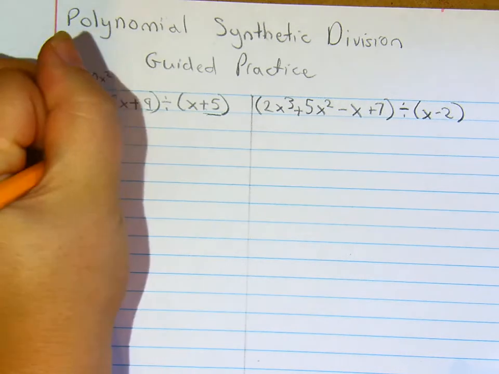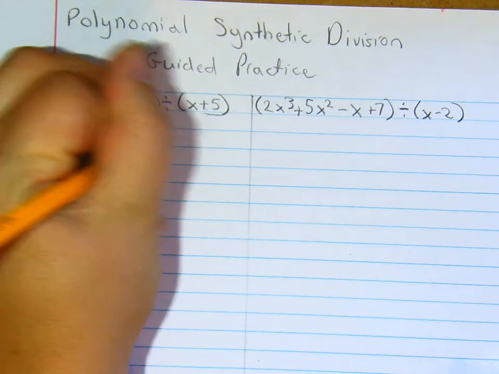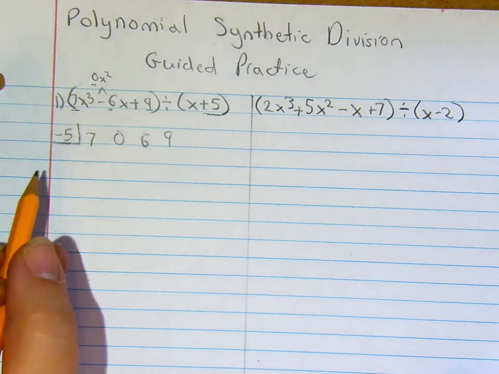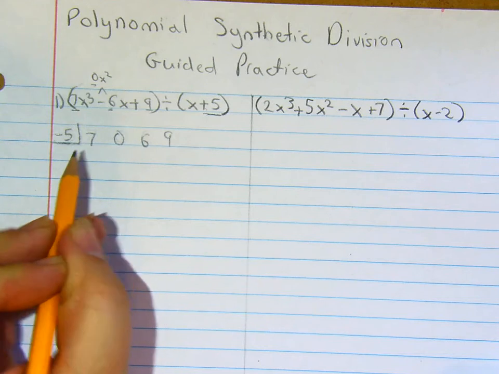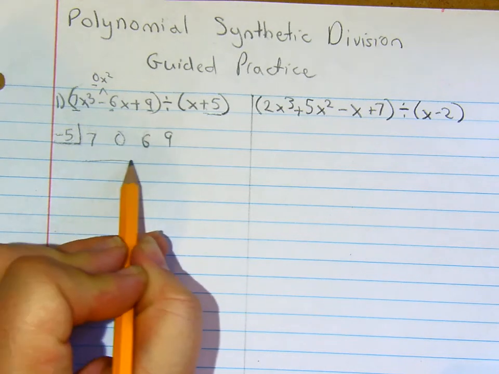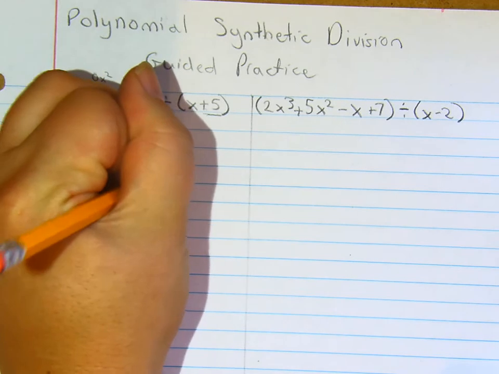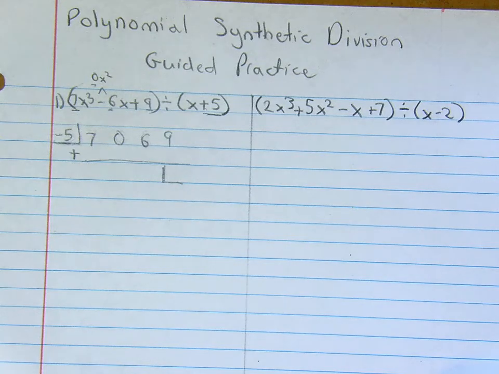So 7, 0, 6, and 9. So for your problem, you should be doing the exact same thing of taking your coefficients. Then I'm going to set it up, and I'm just going to draw my line underneath. I'm going to hit my plus, and I'm going to put in my remainder box.